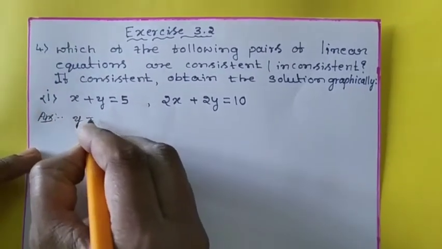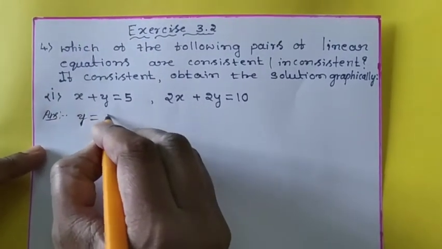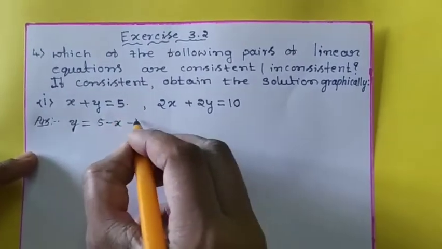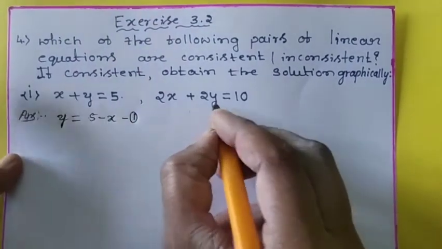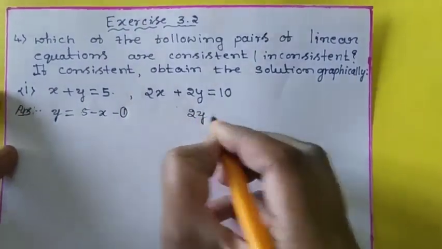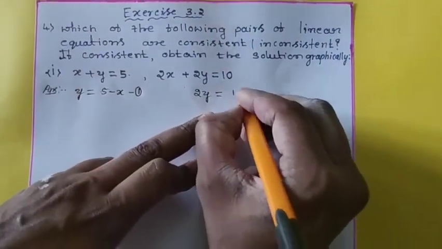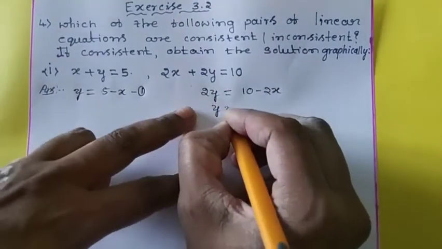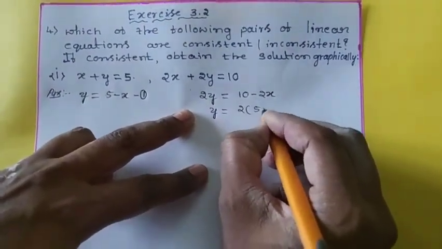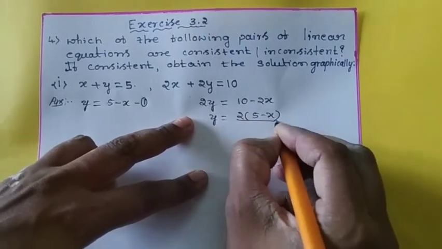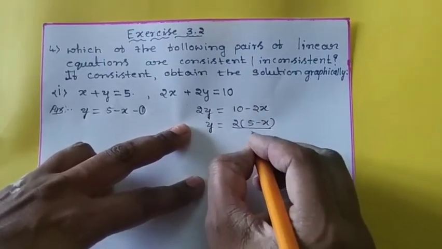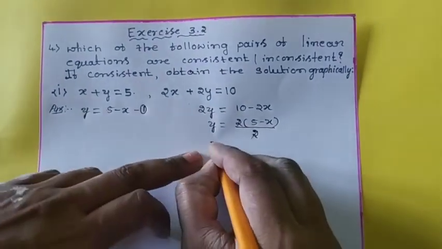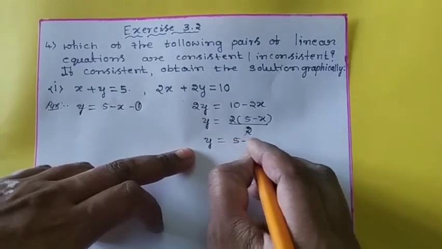We write it in y is equal to mx plus c form: y is equal to 5 minus x, that is equation 1. Then it is also written in y is equal to mx plus c form: 2y is equal to 10 minus 2x, taking the common factor 2, 5 minus x; 2 is transferred to the RHS, put in the denominator, cancels, y is equal to 5 minus x.